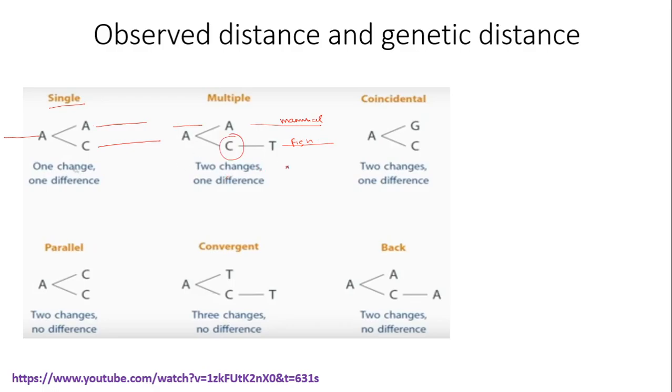right? So similarly, it might have happened that the sequence changed twice, that is, two changes occurred, but we observed only one difference over here. We call such changes coincidental changes, right?